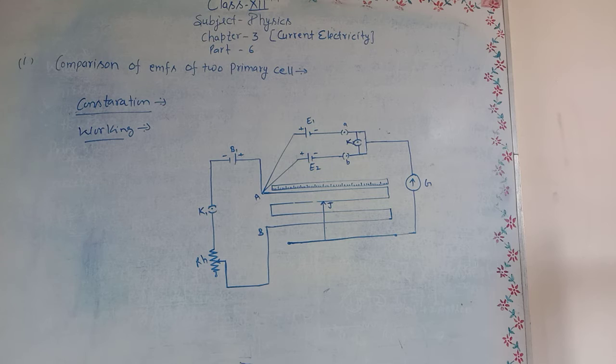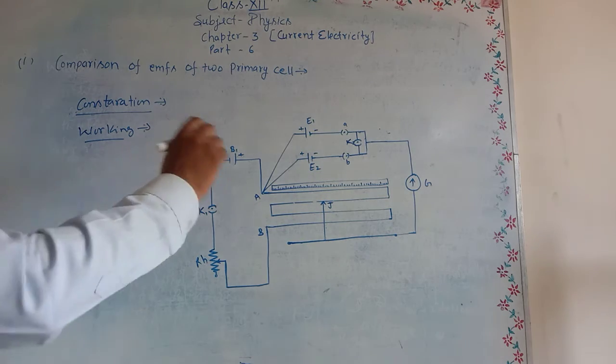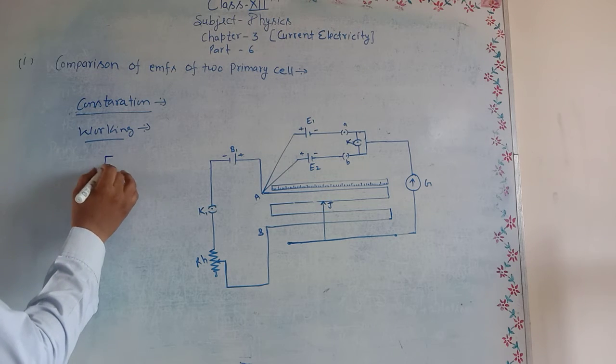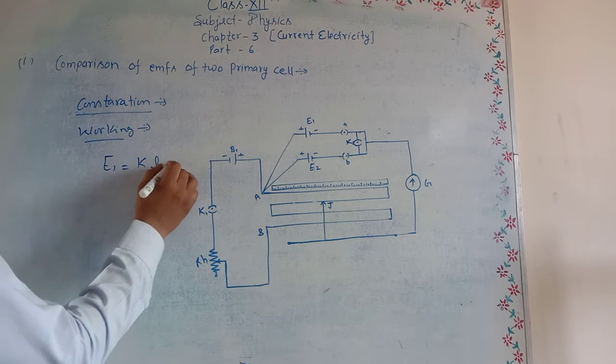at the wire AB at the point J1, then the EMF of the first primary cell E1 is equal to K L1, equation number 1.